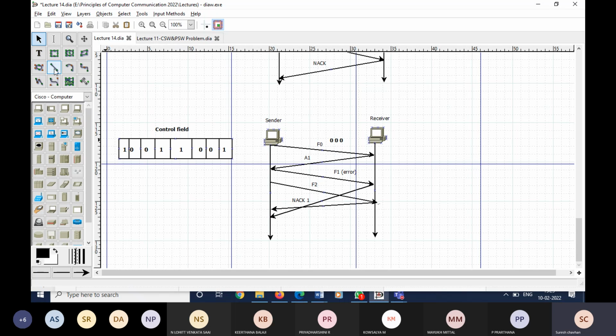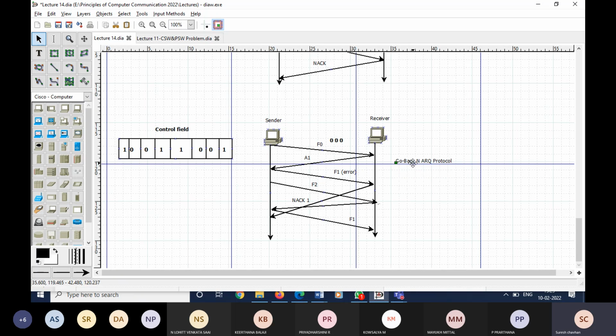Then only it will send that frame 1. So this complete setup will be working as Go Back N ARQ.